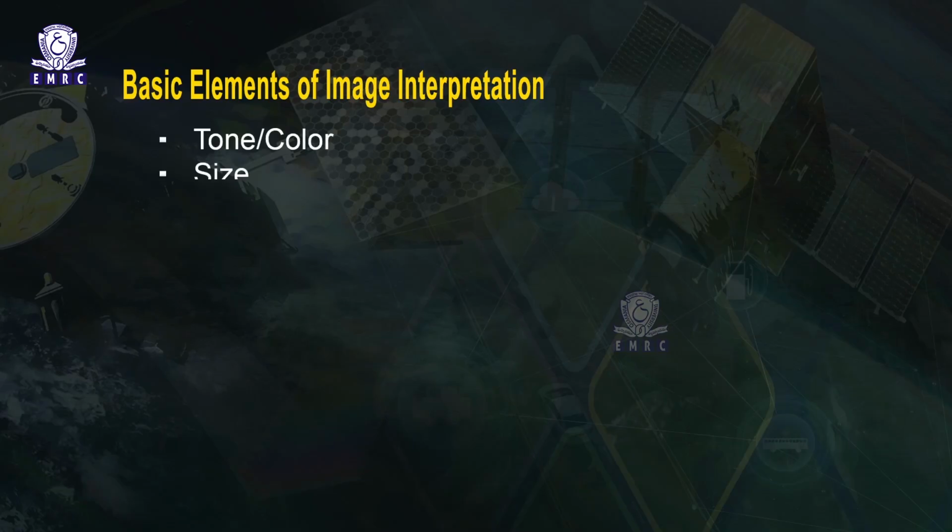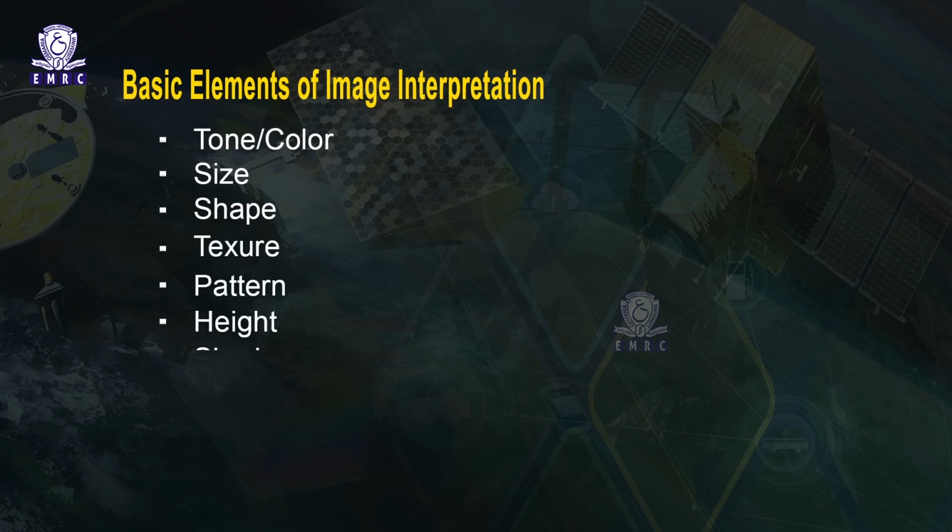Computer-assisted image interpretation approach mimics the visual image interpretation approach to a certain level. Manual image analysis uses most of the elements of image interpretation such as tone, color, size, shape, texture, pattern, height, shadow, site and association, whereas computer-assisted image interpretation involves the use of only a few of the basic elements of image interpretation.